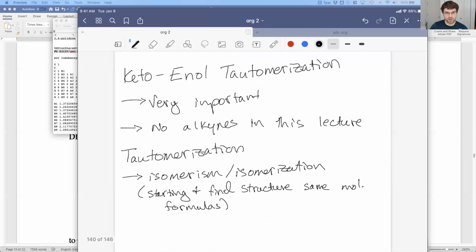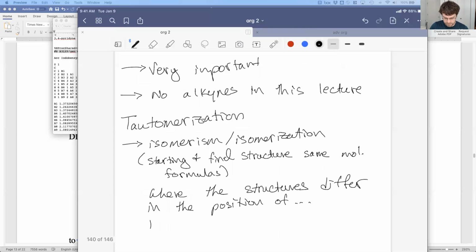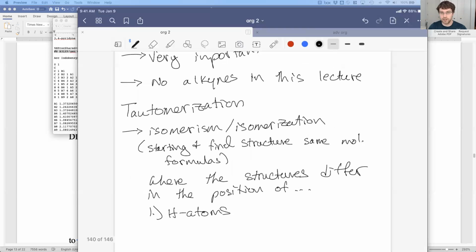So it's an isomerization or an isomerism where the structures differ in the position of primarily hydrogen atoms. So this is kind of like constitutional isomers where only hydrogen atoms move. Now, if we're just moving hydrogens, it's hard to do things.